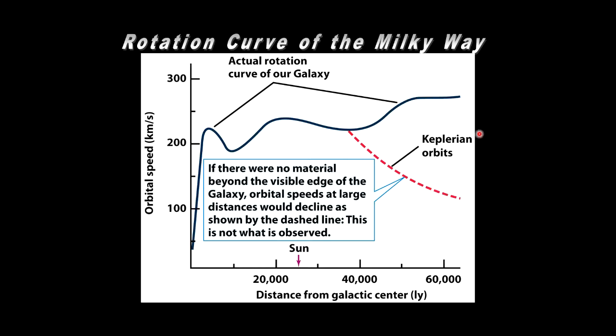So this is data that informs us that there's more than what meets the eye, that there's mass in the galaxy that can't be accounted for, that doesn't show itself in any normal way.